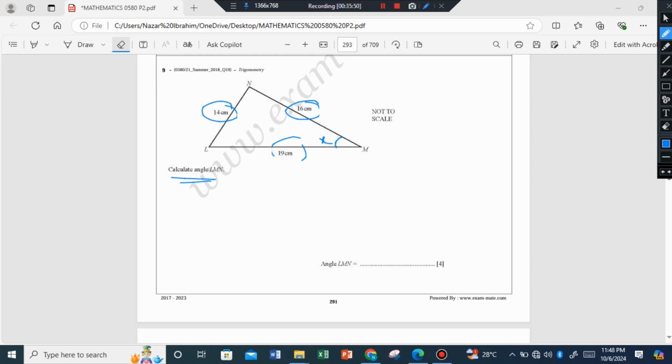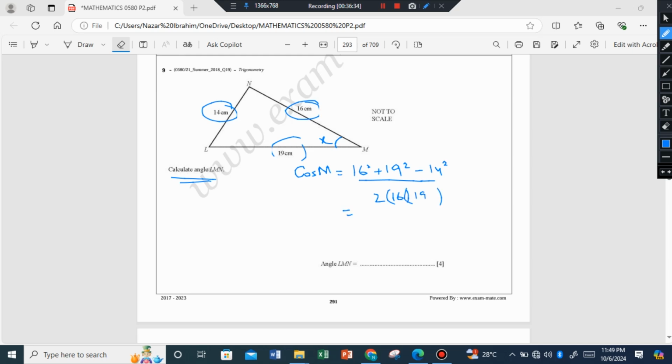And what cosine law says is that cos m, which is the angle which I have to calculate, right? So the two sides which are not opposite to this angle, that is 16, will be taken as square, 19 will be taken as square, minus the third side, that is 14 square, right, upon 2 into 16 into 19, right?